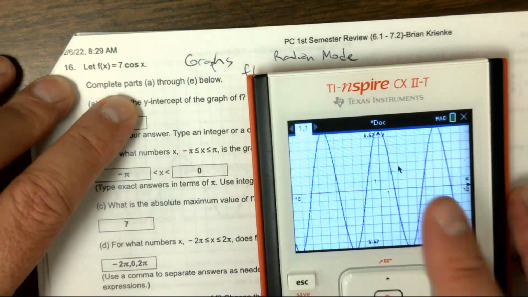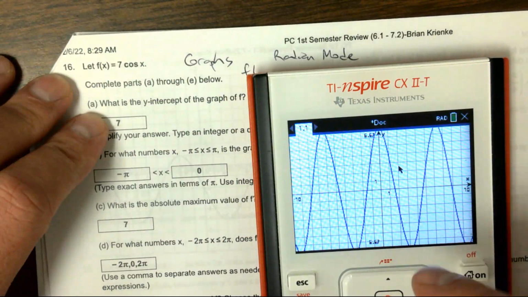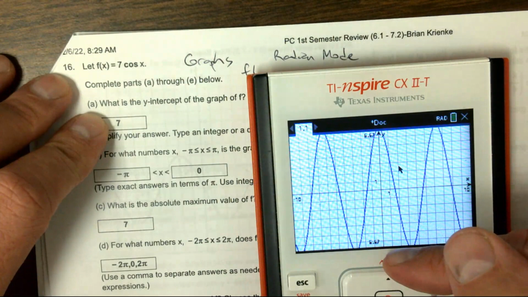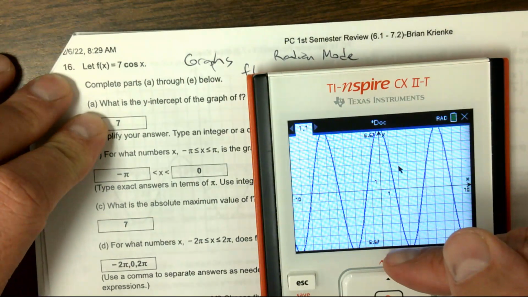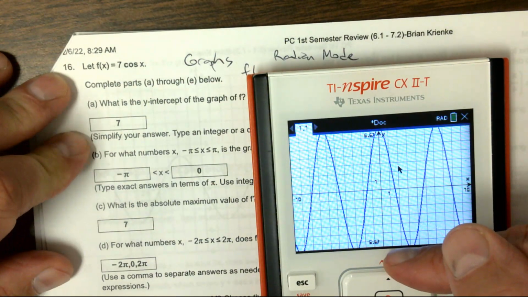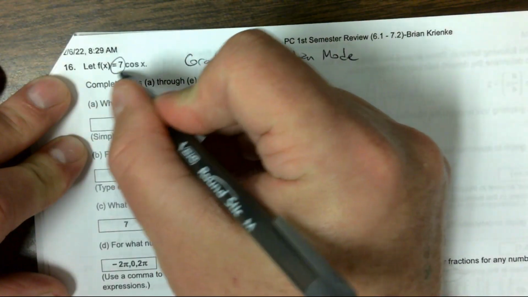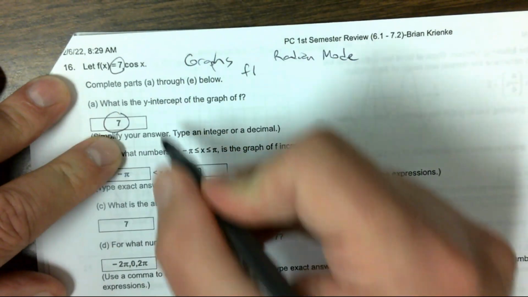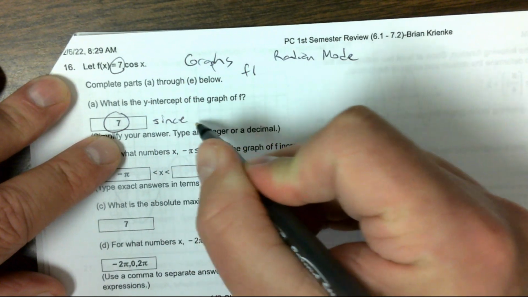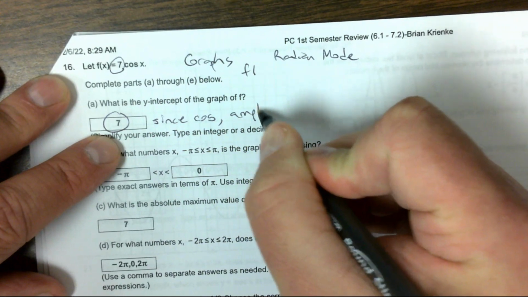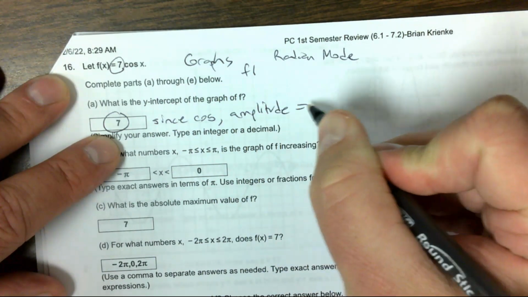So it's there. Basically, I could adjust my y values if I wanted to. I don't really need to, because I know that this is going to be the same as this, because since it's cosine, the amplitude is the same as the y-intercept.